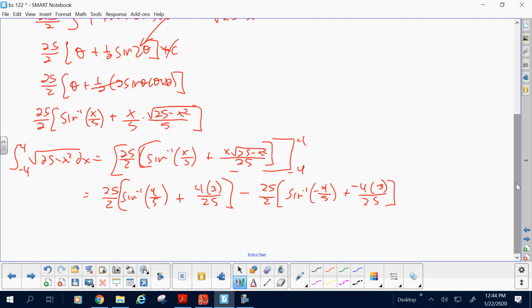I don't know. No. So you could, isn't inverse sine of negative 4/5 the same as the opposite of inverse sine of 4/5, because it's odd? Yes. So you could technically make this inverse sine of 4/5 and combine it there. And so you might have something like 25 inverse sine of 4/5.